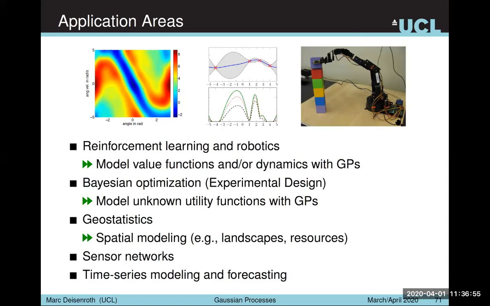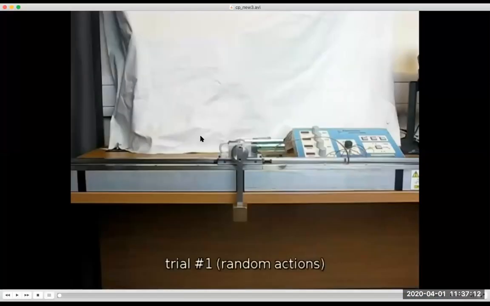Any other questions? Okay, then let me show you this little video that we have here, where we use Gaussian processes for robotics, or for learning optimal control for a robotic system in a reinforcement learning setting. So this thing is called a cart pole system.